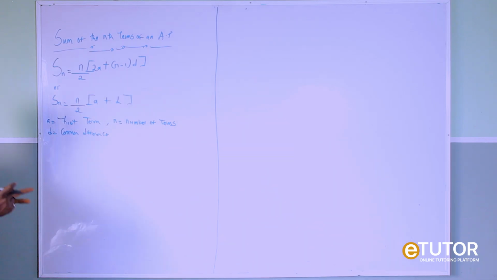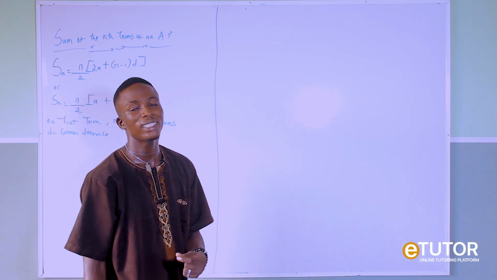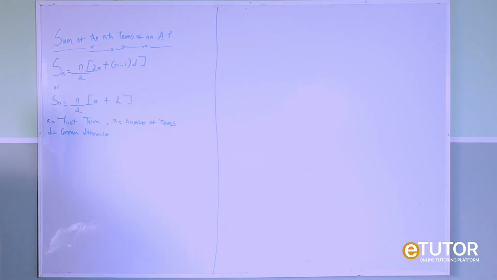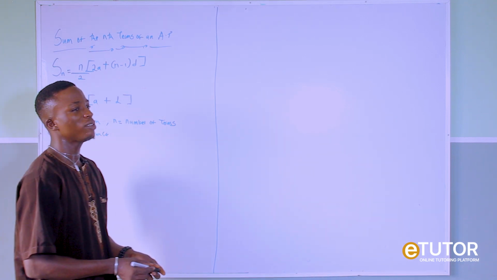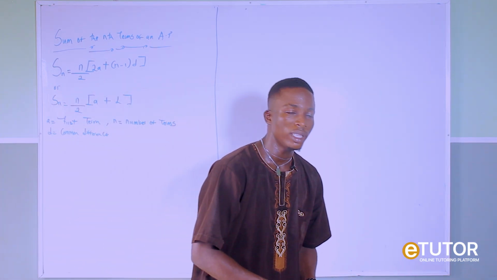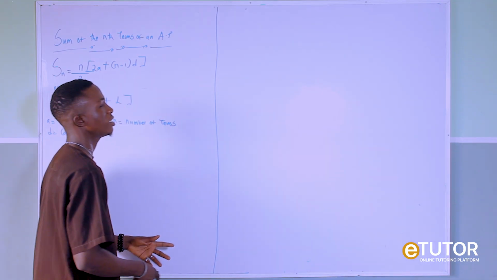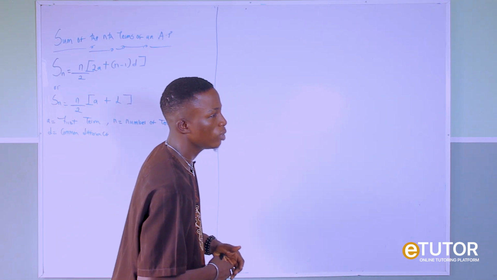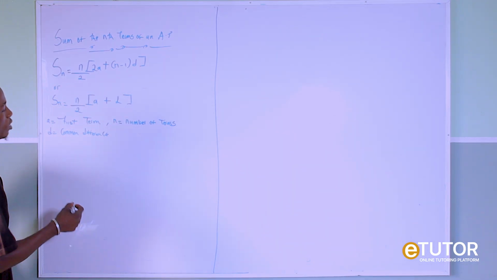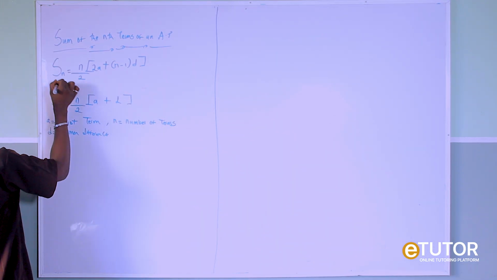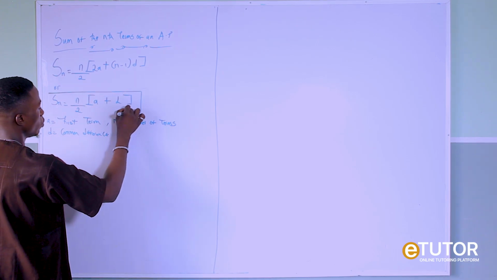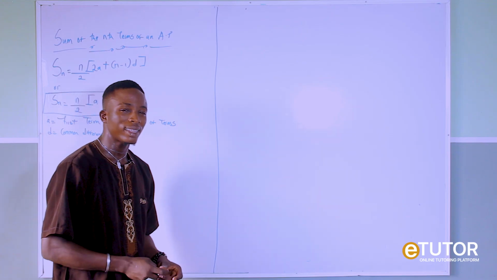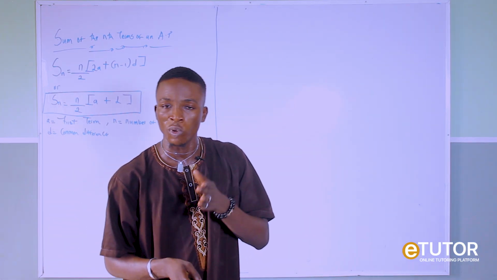Now I said we have two formulas to finding the sum of the nth terms of an AP. This or this. But the question is, why do we have two formulas if you want to find the sum? Now one is faster and one is not so fast, and one has an edge over the other. You can only use the second one if the last term in that sequence is provided.